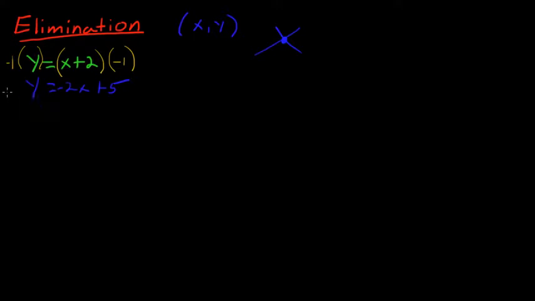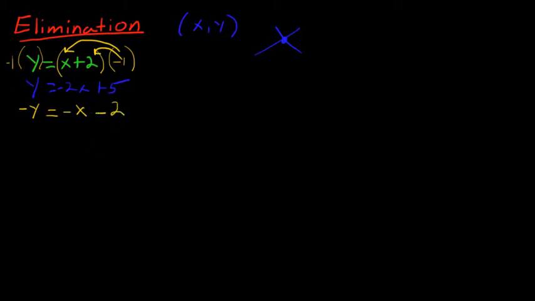I'm going to rewrite it right here. Negative 1 times y is negative y, equals, well, this negative 1 distributes to the x and to the 2. So equals negative x, and then positive 2 times the negative 1 is negative 2.